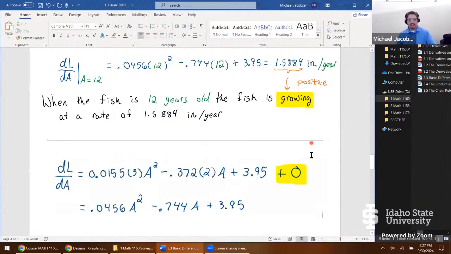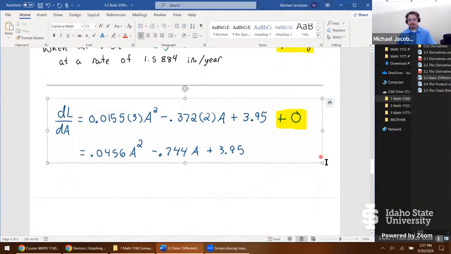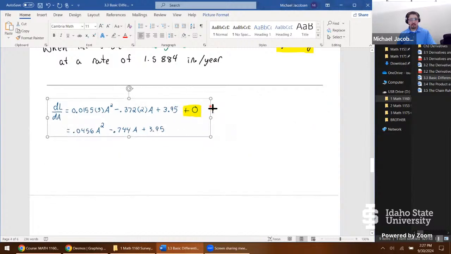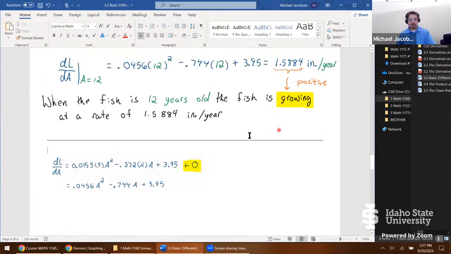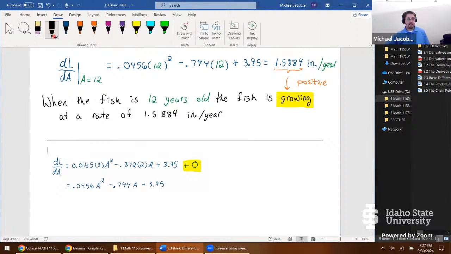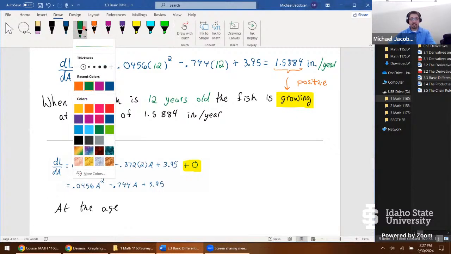So if we're just looking at this right here, we could think of this as at the age A. It's a little bit awkward because we can't specify the actual age like you're mentioning.